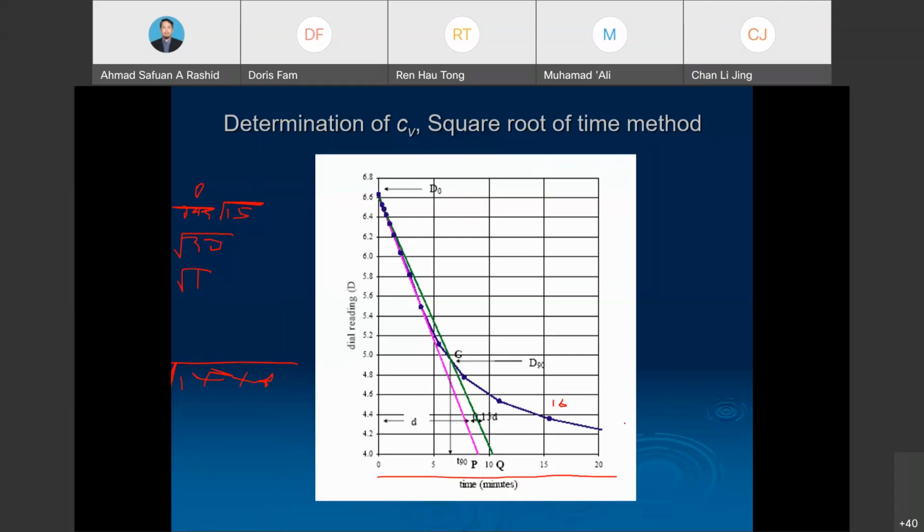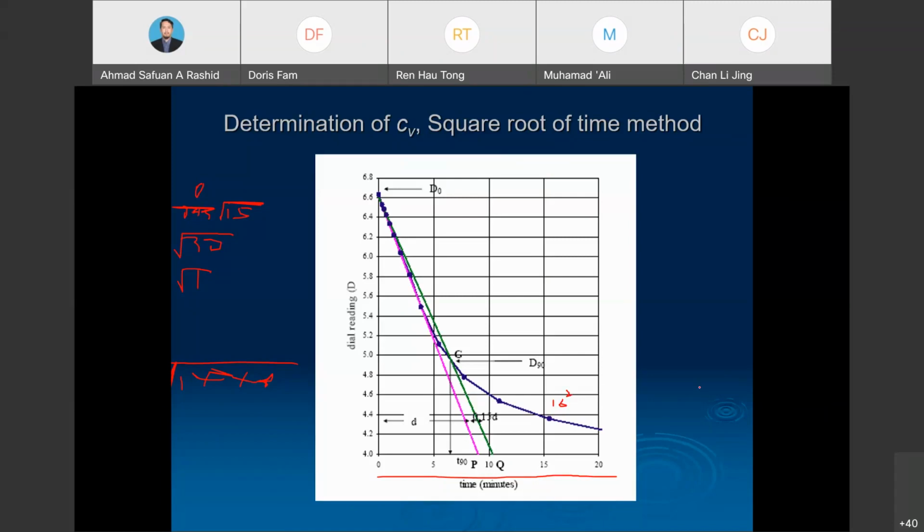So we power by 2. Berapa 16 power by 2? 256. 256 minutes. So that is the actual minutes.